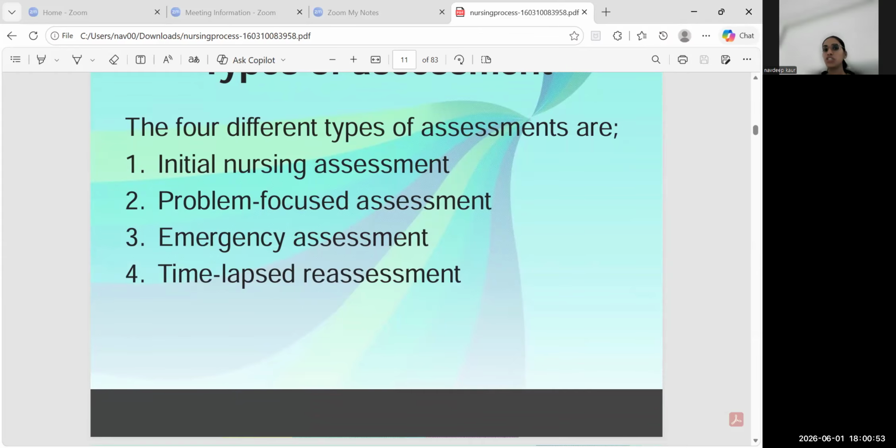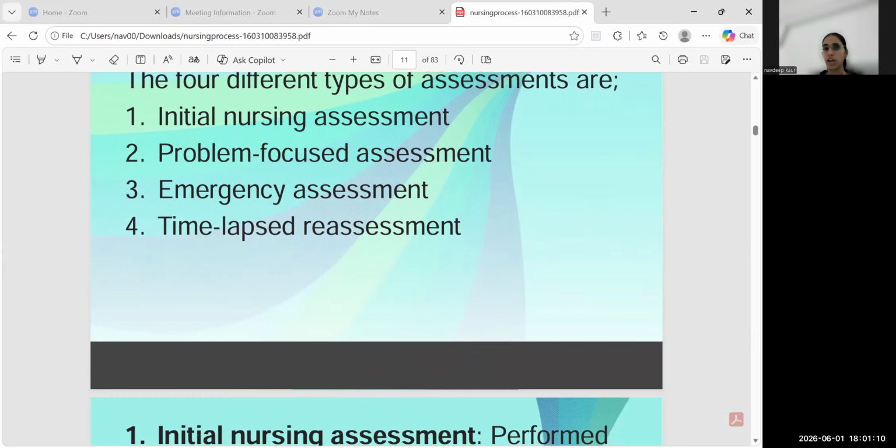In the first, initial nursing assessment, when the patient comes and is admitted to the hospital, at that time we use the triage system to determine who needs the most priority for healthcare.